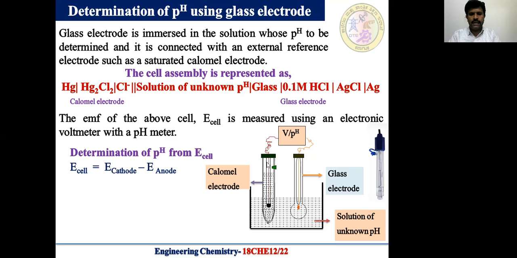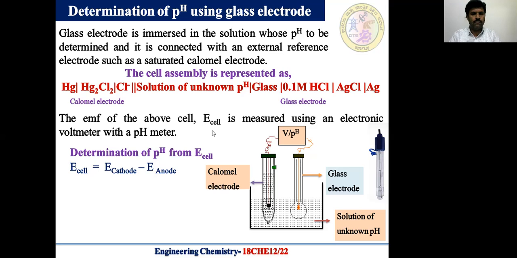After connecting these two electrodes, the EMF of the cell, E cell, is measured using an electronic voltmeter with a pH meter. So after connecting these two electrodes, we can note down the EMF of the cell. Then we can determine the pH by using the EMF of the cell by the relation.